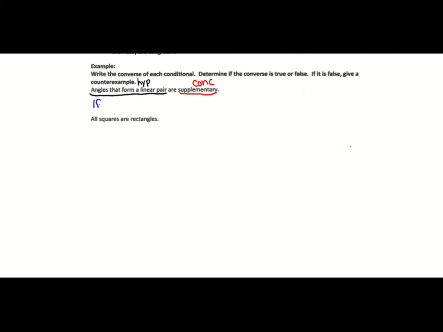If angles are supplementary, not complementary, then they are a linear pair.